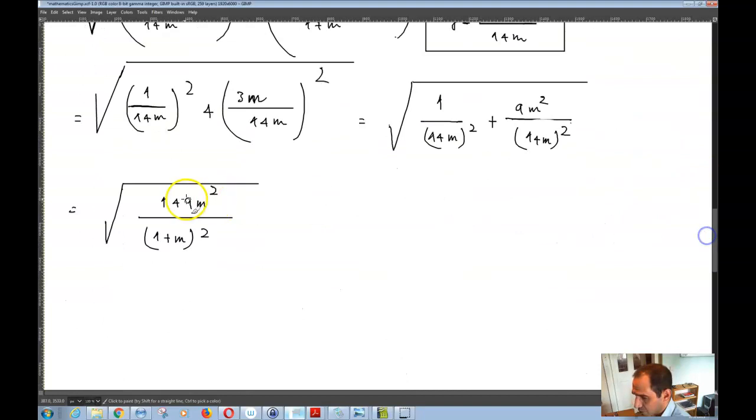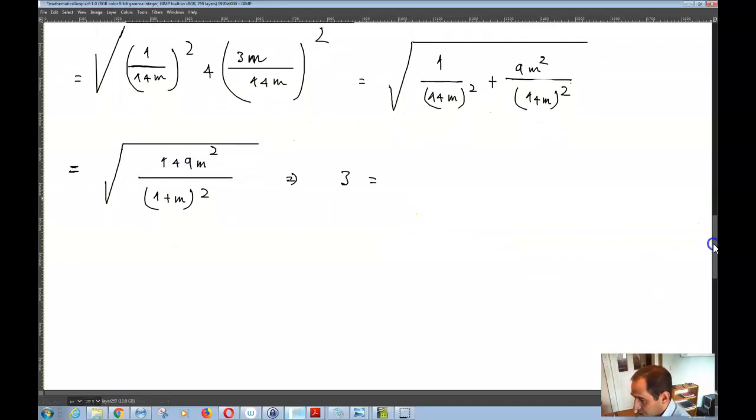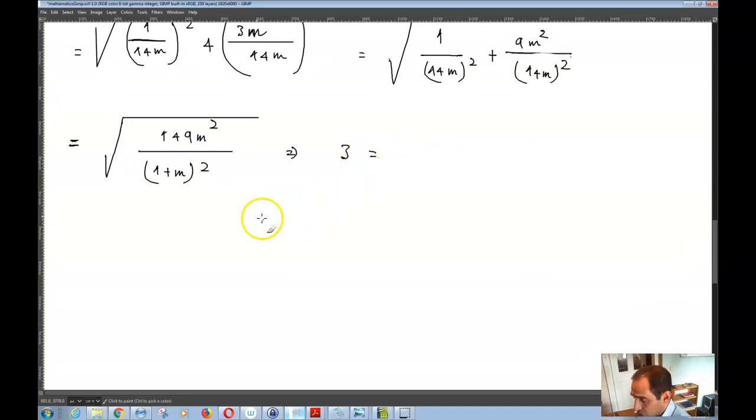Of course you know that it's equal to 3 units, so I can write 3 is equal to basically the square root of, and of course you can simplify this. 1 plus 9m squared, you can write it as 1 squared plus 3m whole squared, and now you can think of this as a squared plus b squared.